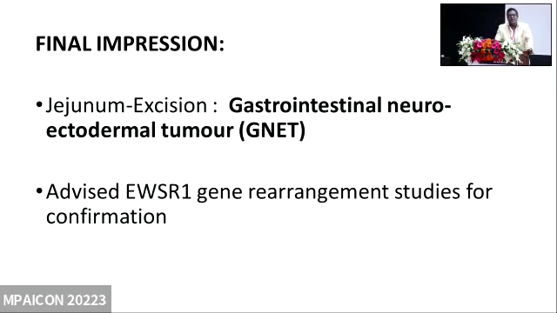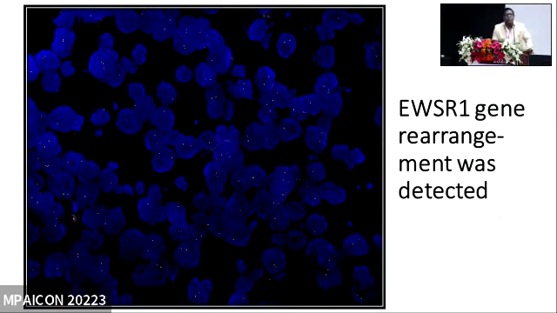And for confirmation, EWSR1 rearrangement was advised, since it's a very rare tumor. And lo and behold, the rearrangement was detected. It showed positivity in most of the cells.